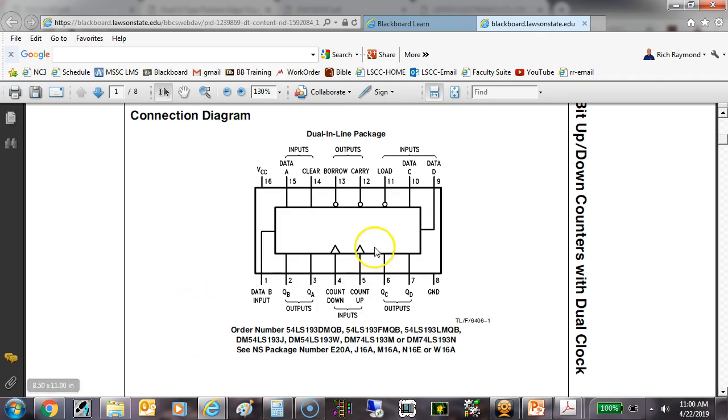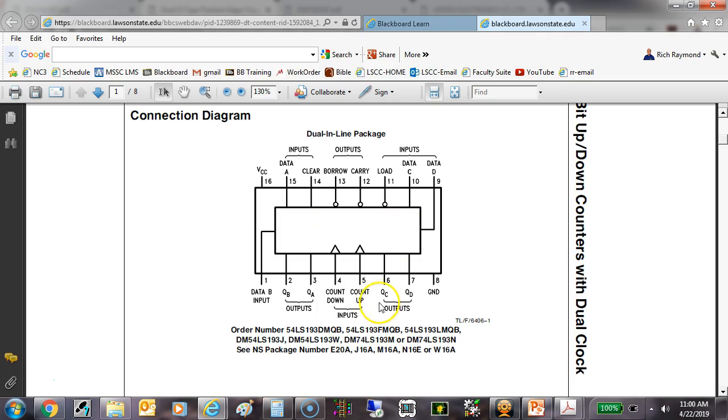So if I'm going to send this to another counter, then what we need to do is tell it whether we're counting up or counting down. So look what this thing has. It has a what? It has a carry output and it has a borrow output. So if I was counting down and I had two of them together, I would tell the other one to borrow.